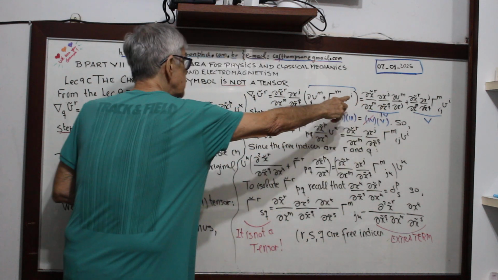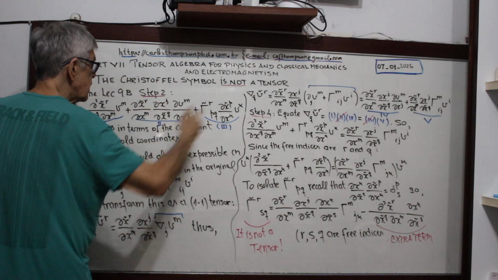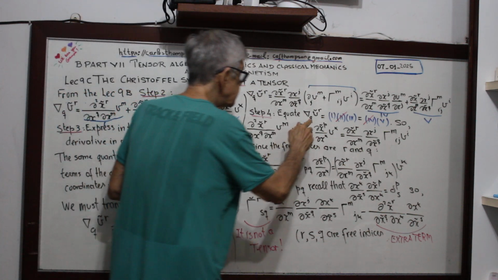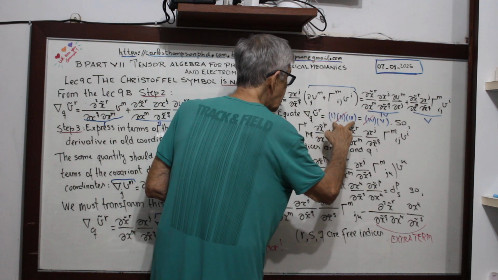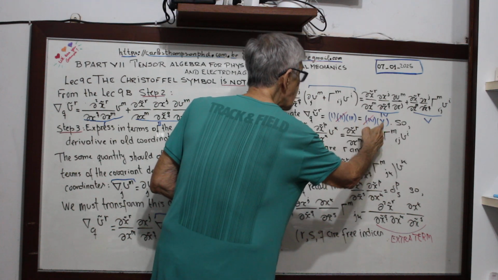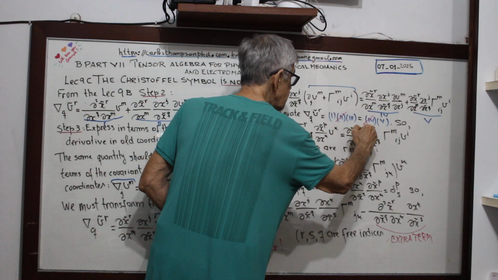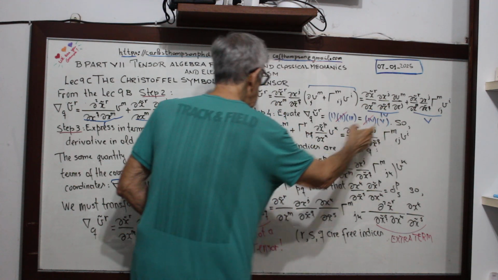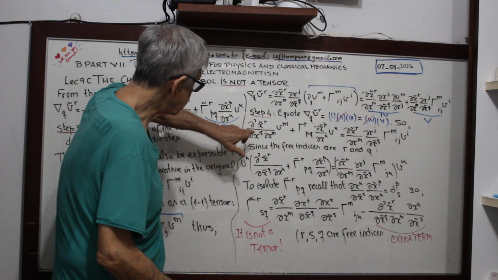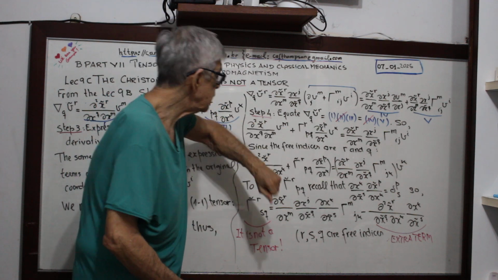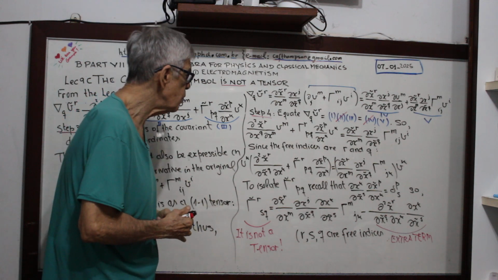Term 4 here is term 2 over here. They cancel, they're the same. So this covariant derivative of Q in the old coordinates is 1 times 3, which is equal to 5. So I copy from this, canceling term 2 and term 4, and write over here. Just copy: this is term 1 and 3, and this is term 5. That's quite clear, no problem.